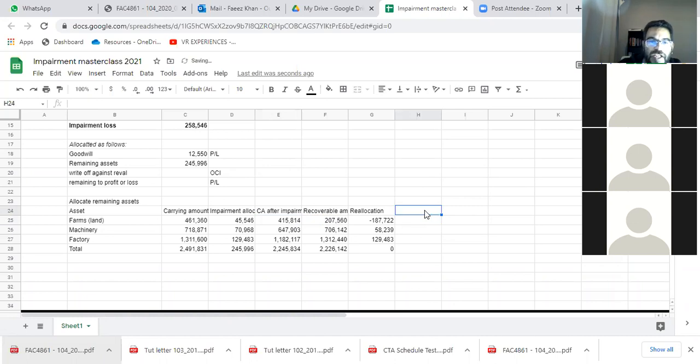Okay, so now the final impairment is simply going to be initial impairment minus reallocation.